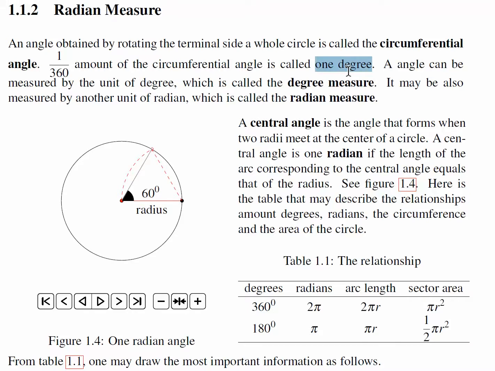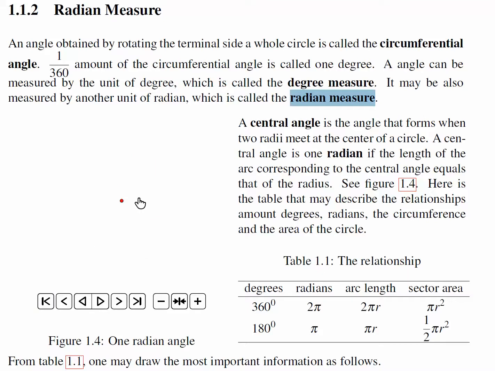Now, we'd like to look at the animation right here to see how 1 radian was defined. Here is the red point, which is the center. And here is the line segment, which is the radius.